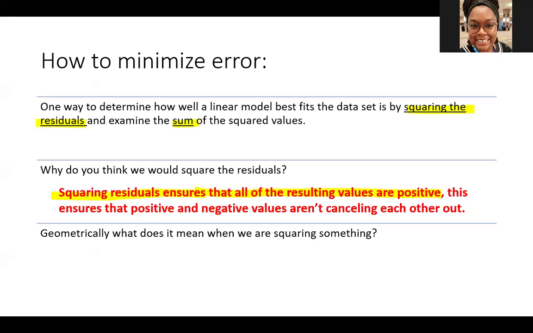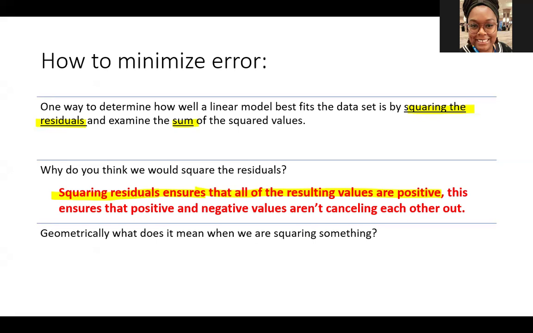In geometry, not that long ago, when you were squaring something or had squared units, what was that?